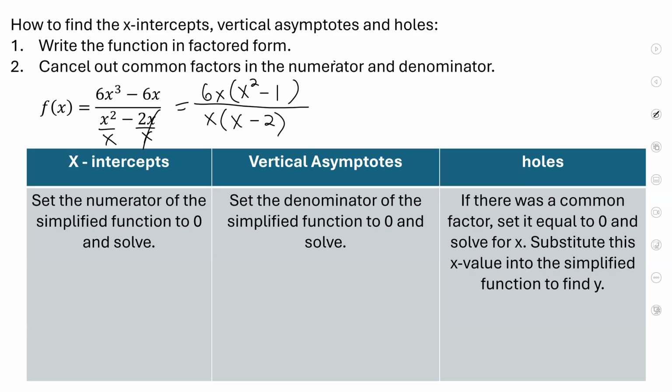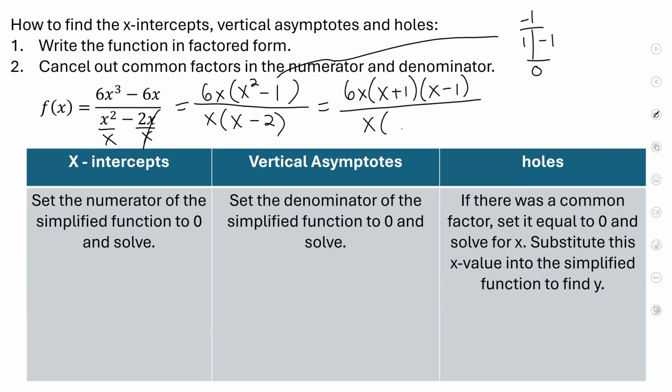I can do an eye chart with this one. Can y'all tell me 2 numbers that'll multiply to -1, add to 0? Perfect. So this can be written as 6x, and this is x plus 1 and x minus 1 in the numerator, and this is in the denominator.